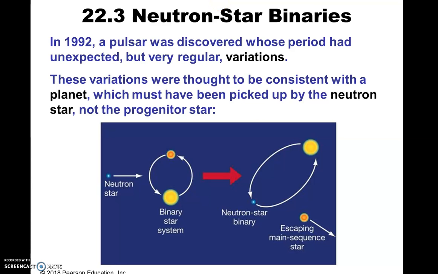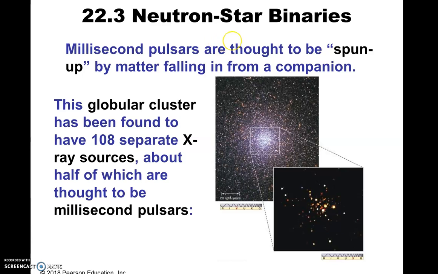Oh, here, hold on. Actually, this is the next thing. Here, let's go back to this. So the thing that we realized is there has to be matter falling onto the neutron star for it to spin faster, right?